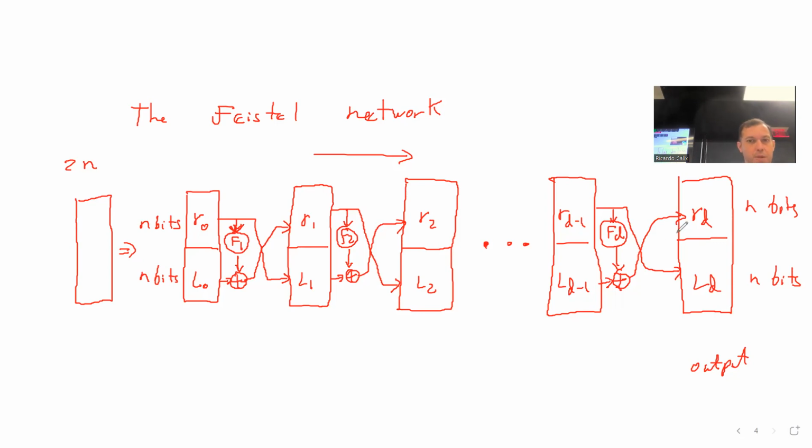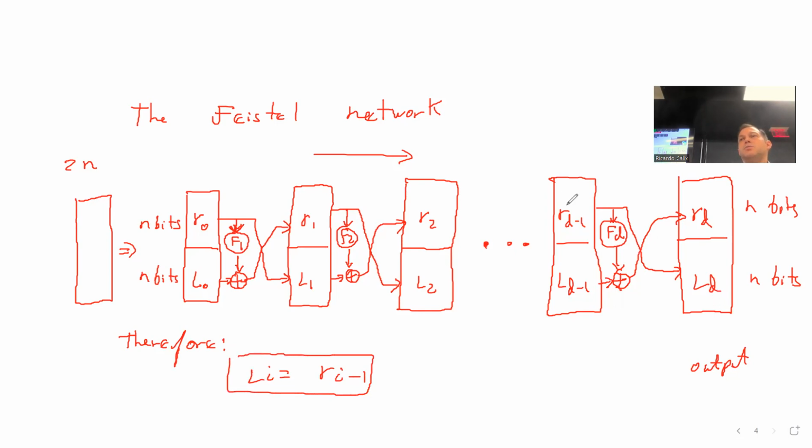Okay. So now, therefore, we can generalize this process into some relationships. So we can say that if we want Li, then that's just going to be equal to Ri minus 1, right? So that kind of generalizes to that. You can see that here, right?